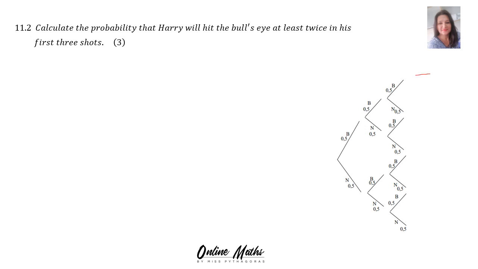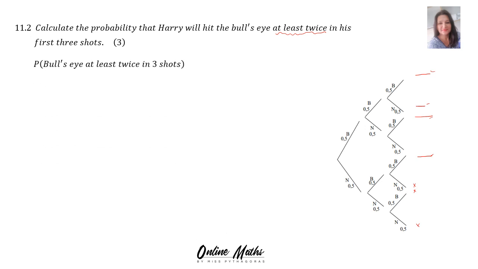That is fine because it is at least twice, so 3 is more than 2. Then these 2 bullseyes, there's only one. There's 2 bullseyes, there's only one. There's only one, there's none. So it's 1, 2, 3, 4 times that this is going to happen.